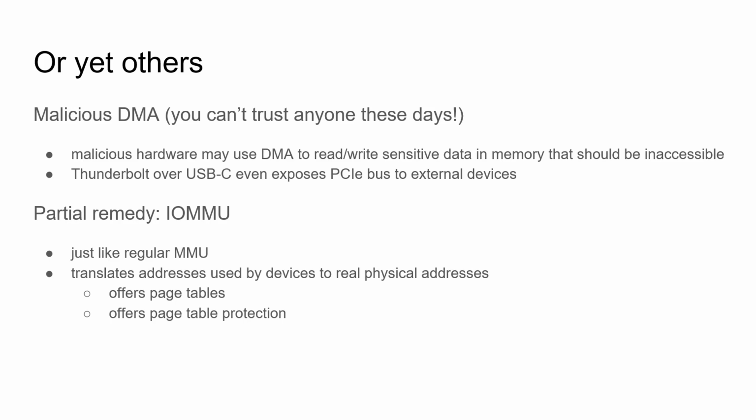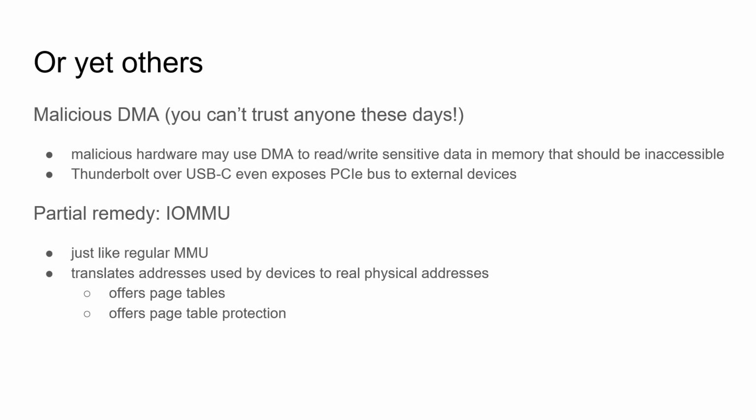And one way to at least partially remedy this is what is known as an IOMMU, which is just another MMU, much like the MMU that we saw earlier, which is responsible for doing the page table walk and so on. But now the IOMMU protects against devices that are trying to access memory. Okay, so it's just like a regular MMU. It translates addresses that are used by the devices rather than addresses used by the processors to physical addresses.